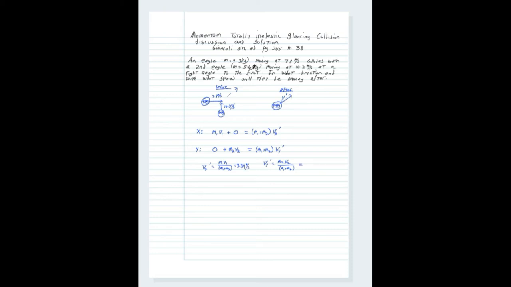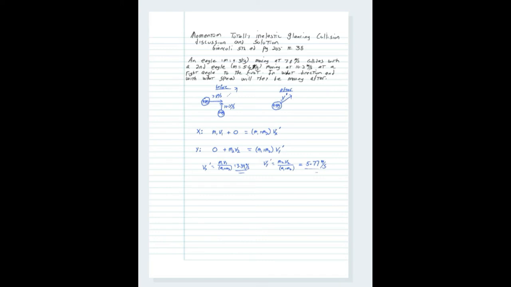And here, m2v2 is going to be 5.6 times 10.2, and I'm going to divide that by 9.9. I get 5.77 meters per second. So first thing to notice, and let's tie this back in conceptually and make good sense of it, notice that the x velocity here is smaller than the y velocity.